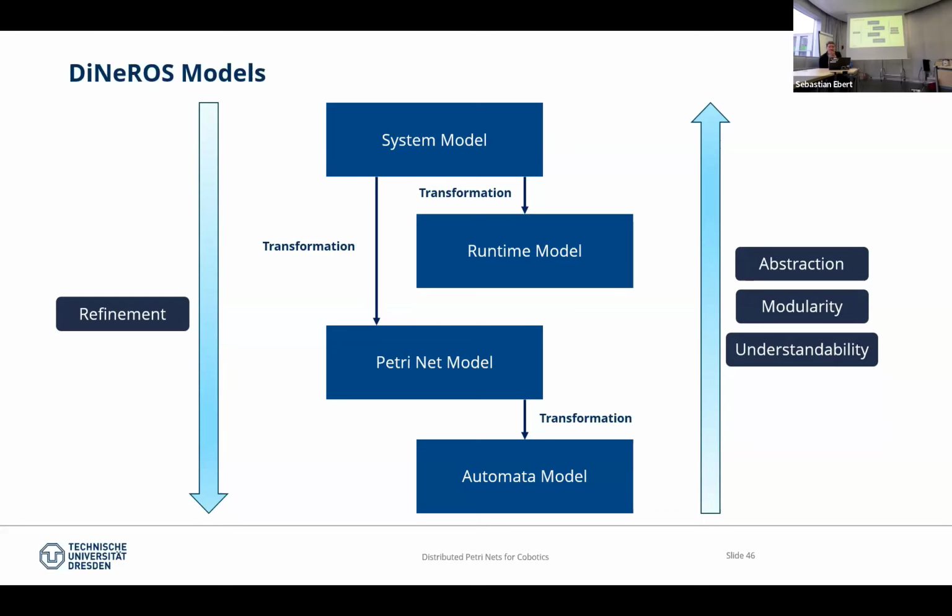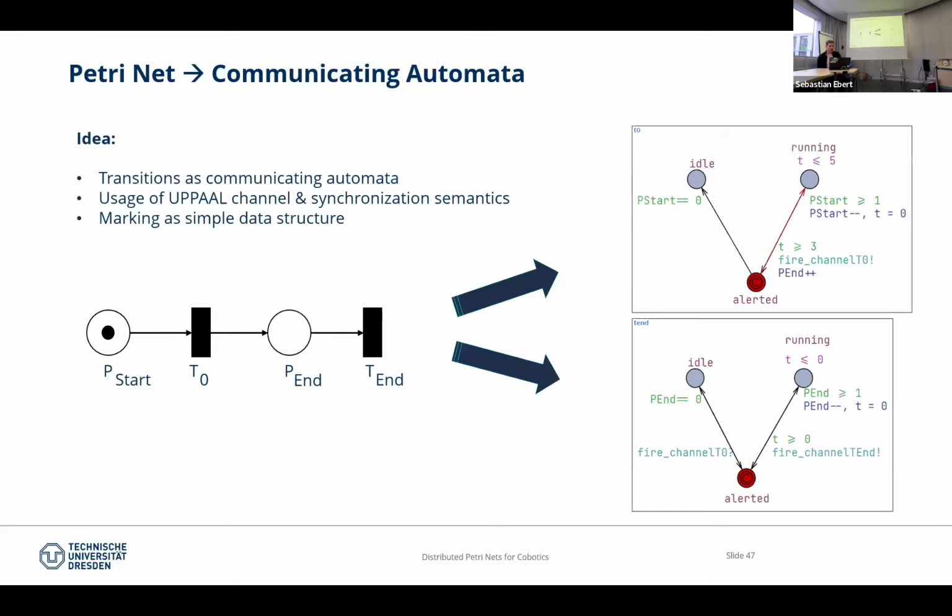So let's have a look at the bottom transformation. How do we do it? Transforming Petri nets to communicating automata can be done basically by introducing one single automaton for each transition, which communicates based on signals to the other transitions which are connected to it.